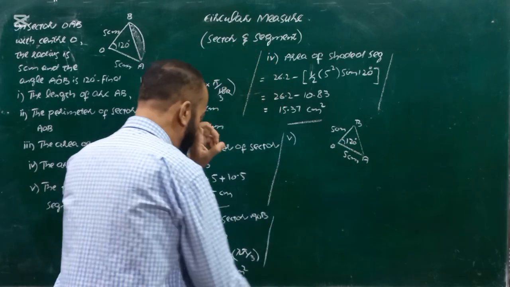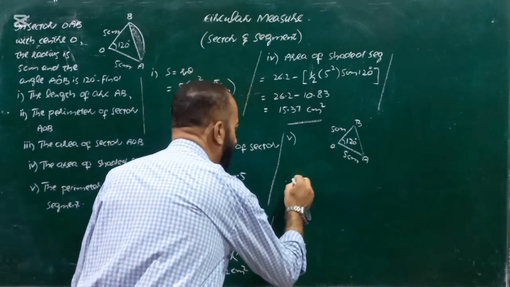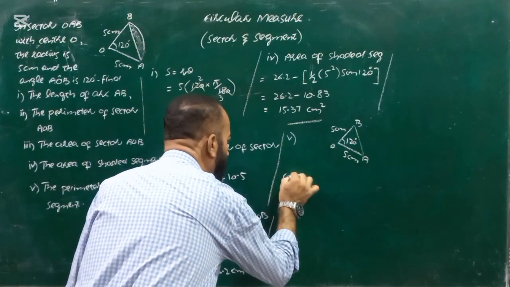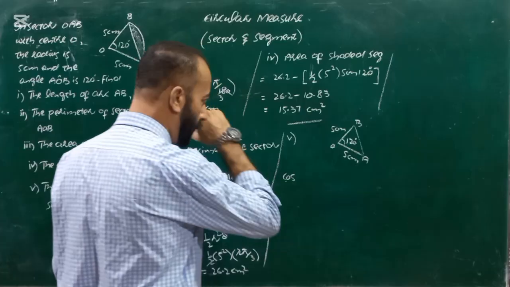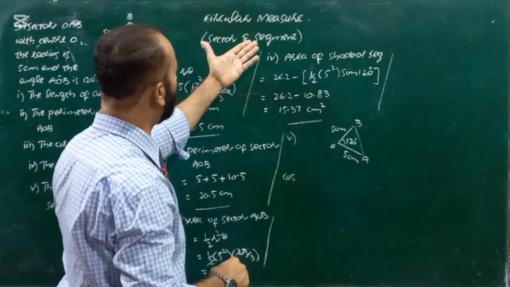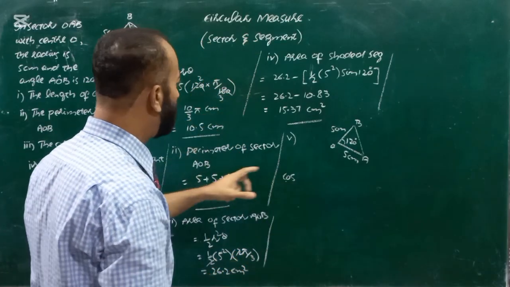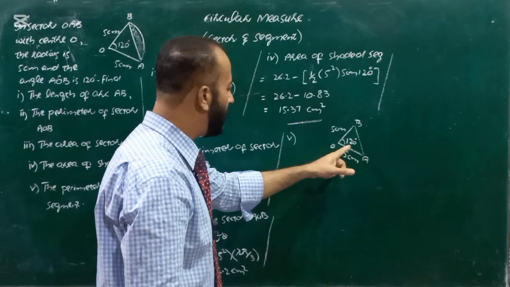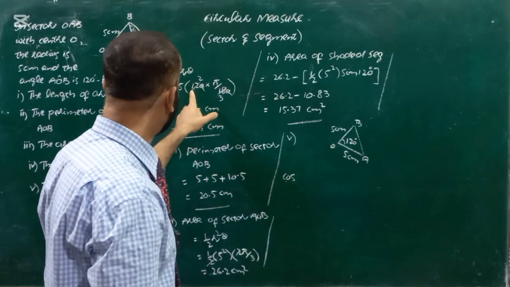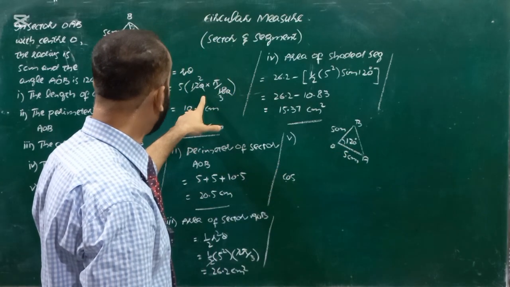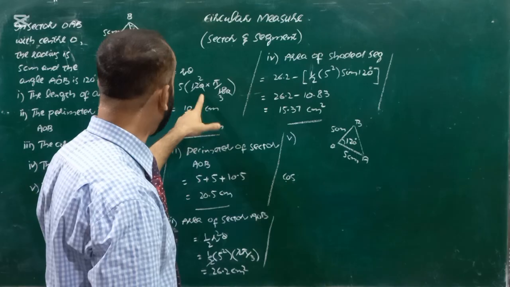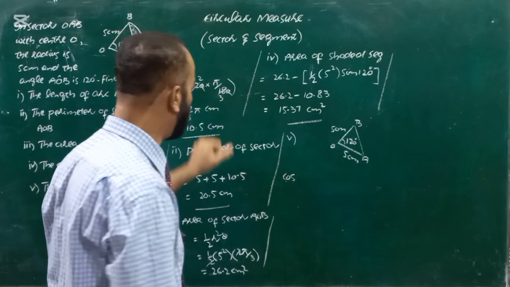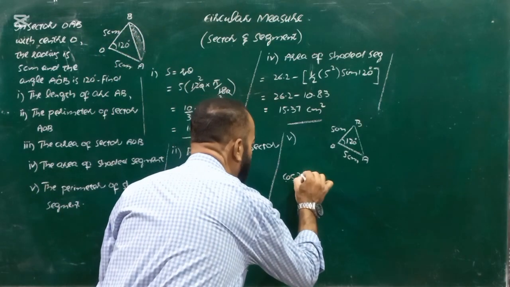So the cosine rule will be applied in this triangle. Because we are solving circular measure questions, we have to convert this 120 degree into radian mode. You can see we have converted 120 degree into radian mode, which is equal to 2 pi by 3.